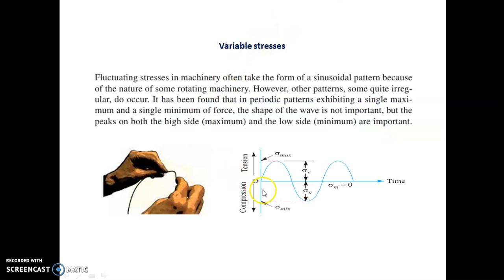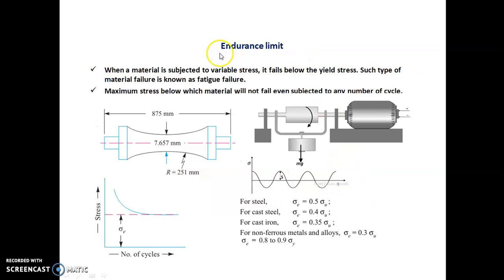It is variable stresses: one half it is tension, the other half compression. This type of stress is called variable stress or cyclic stress. Endurance limit: when a material is subjected to variable stresses, it fails below the yield stress. Such material failure is called fatigue failure.